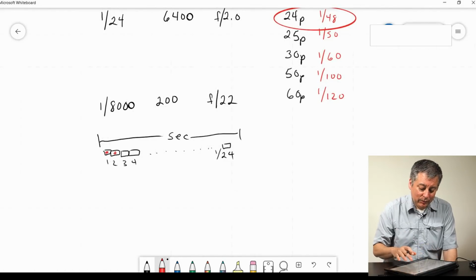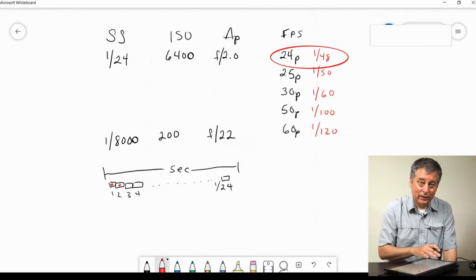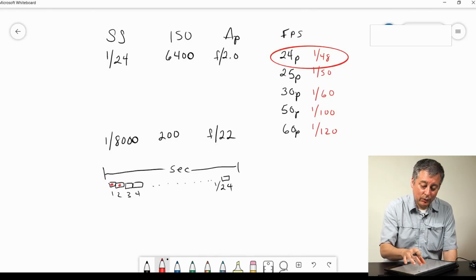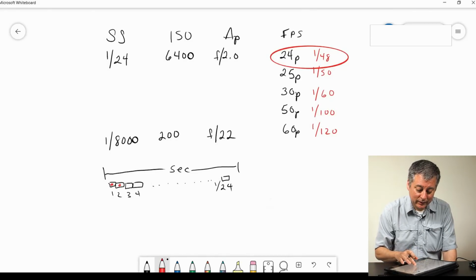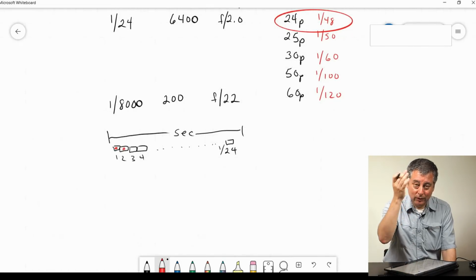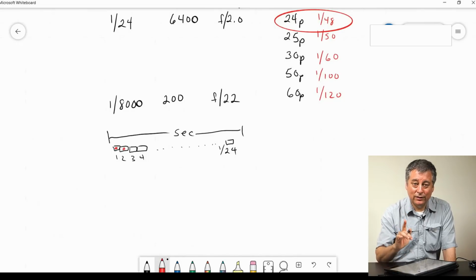But now that we know basically what our limitations are within the exposure triangle for video with the corresponding frames per second variable, let's take a typical exposure that we might do in photography and see the challenge that we have when we try to do this in video.